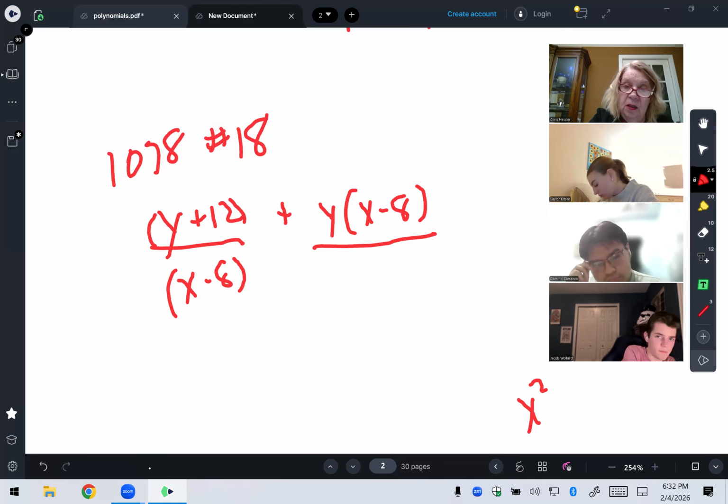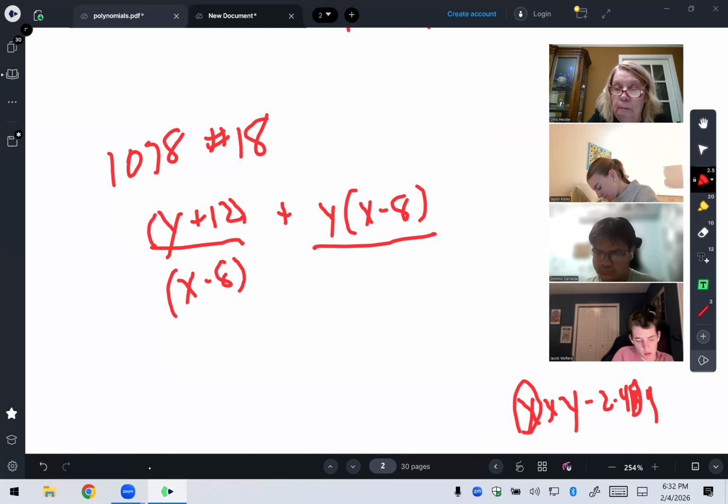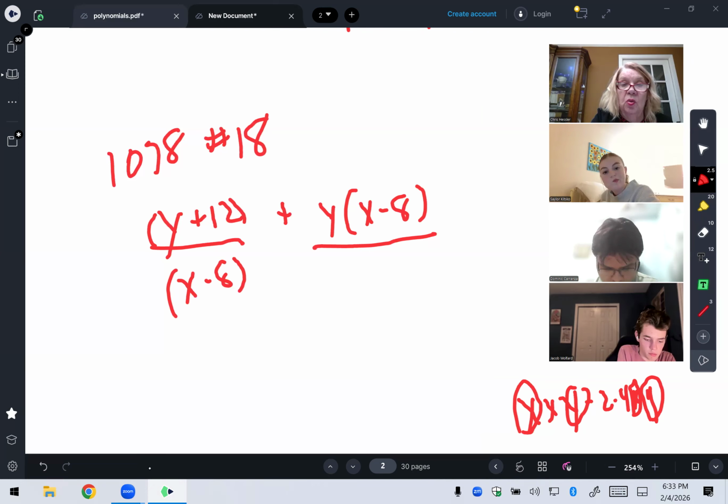If we have x times xy minus 2 times 4xy, this makes it easier to see. So we can take out an x, and a y, yes, sorry. So we can factor out an xy times x minus 8.